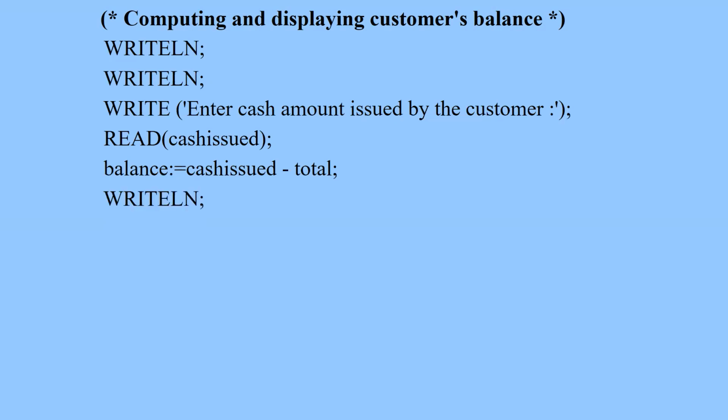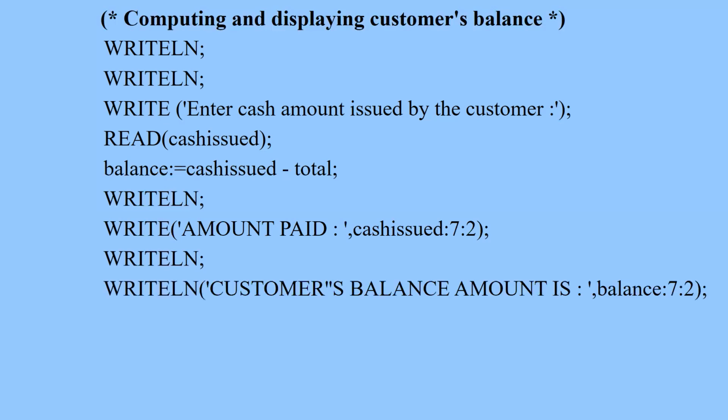And then write out a blank line and display the following on the screen: amount paid, pick what is in the memory location called cash issued. So whatever was entered by the cashier as the cash given by the customer will be displayed here. So if it is 1,000, it will be displayed as amount paid, 1,000.